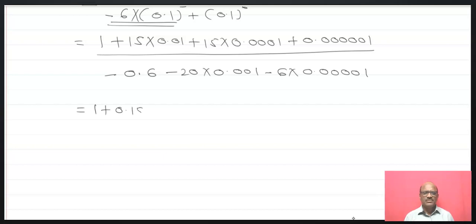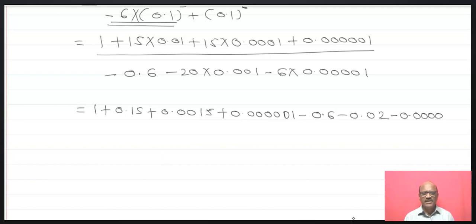That is equals to add this positive term first, add this negative term and make their subtraction, and you will get the answer. If you add this, then you will get 1.1501 minus 0.62.